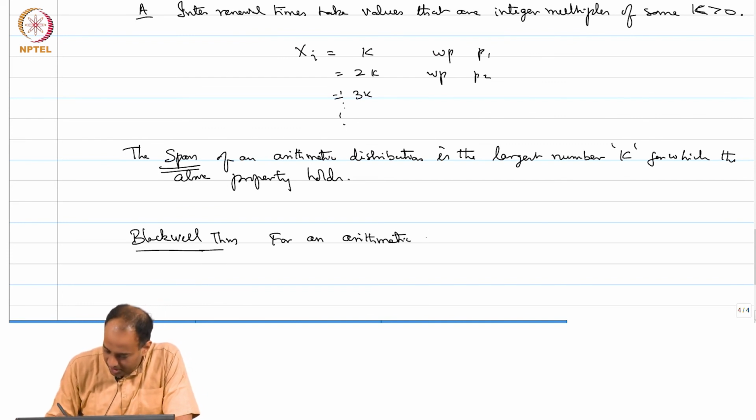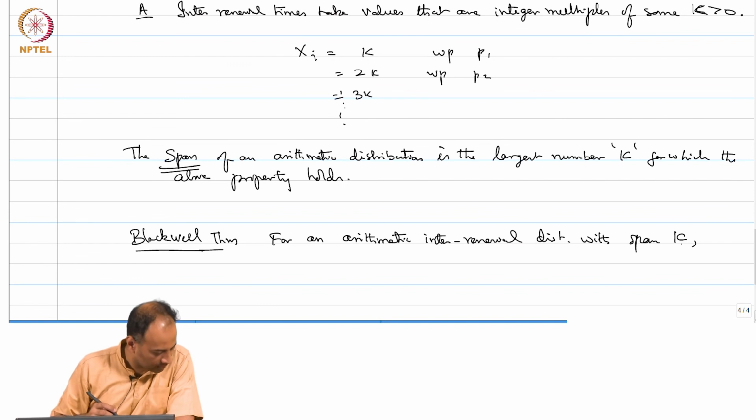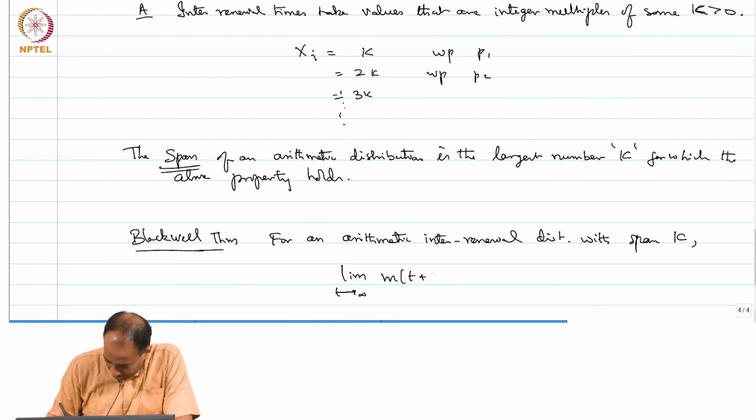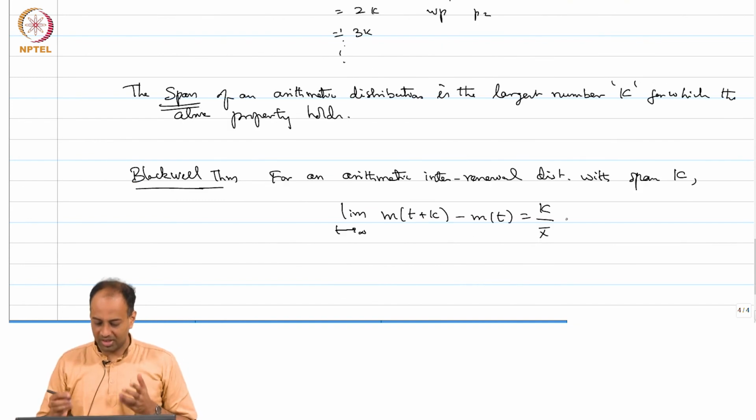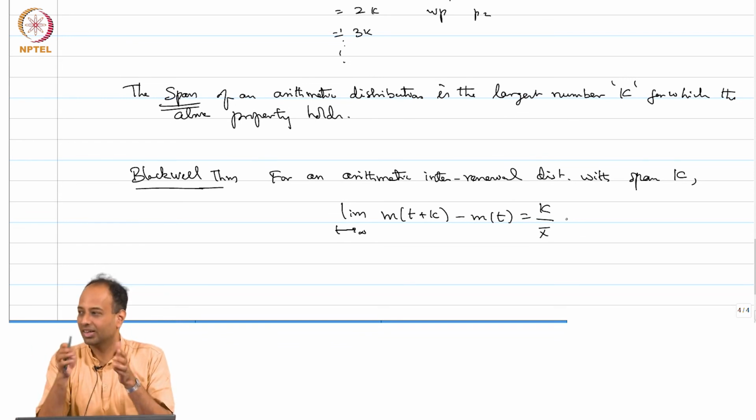For an arithmetic inter-renewal distribution with span kappa, the limit as t tends to infinity of m of t plus kappa minus m of t is equal to kappa over x bar. So, you are just requiring that the delta be, you are forcing the interval to include one of these kappa multiples. Now, Blackwell's theorem holds. Okay. That is all that we are saying.